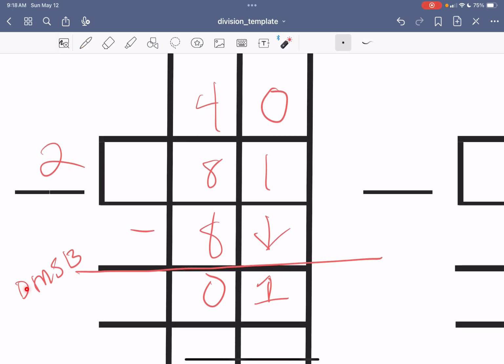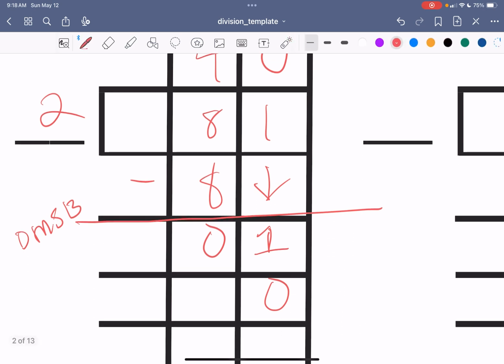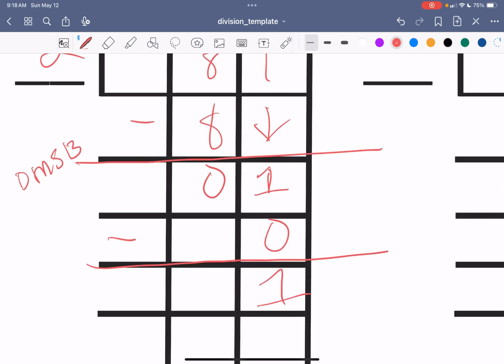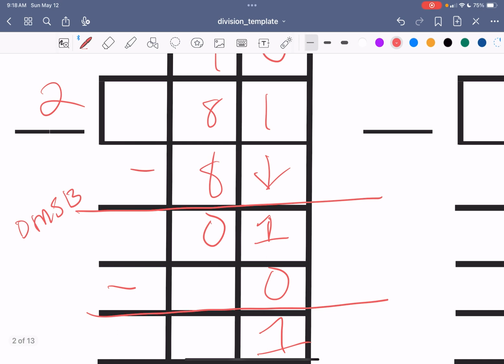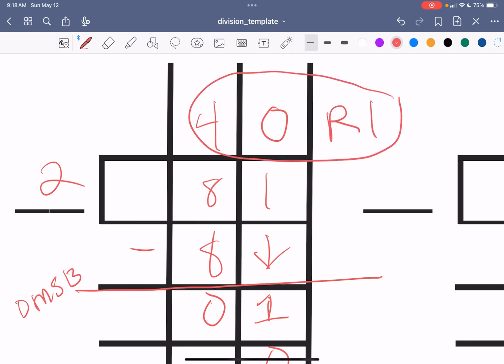So we divided, now we need to multiply. 0 times 2 is 0. Now we need to subtract. 1 minus 0 is 1. We can't divide 1 by 2, so 1 is going to be our remainder. The answer is 40, remainder 1.